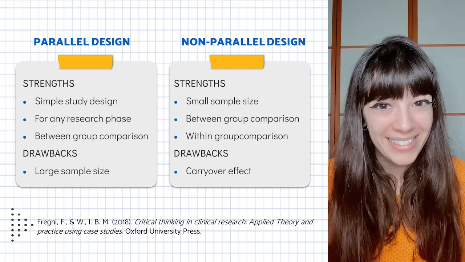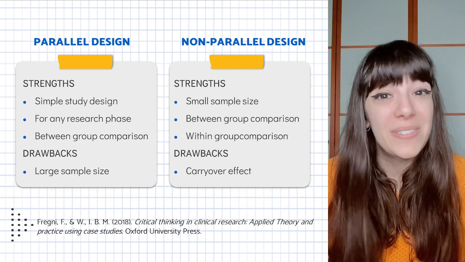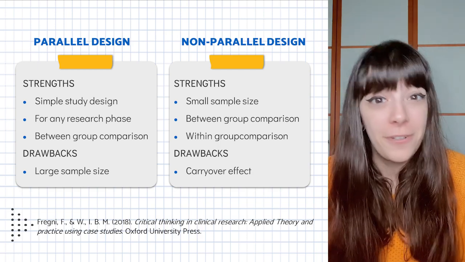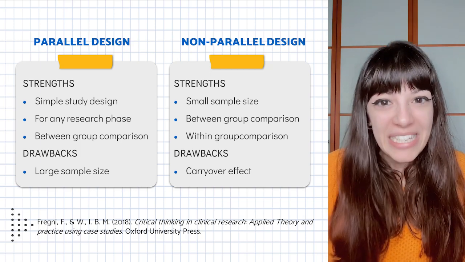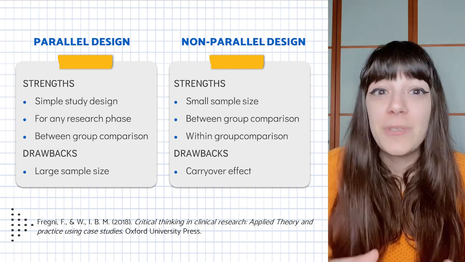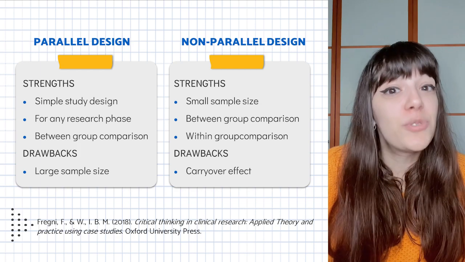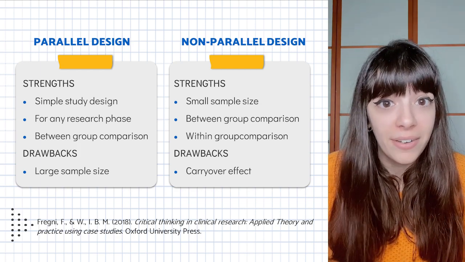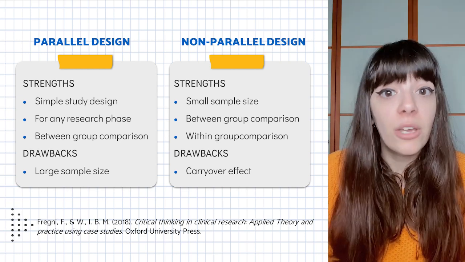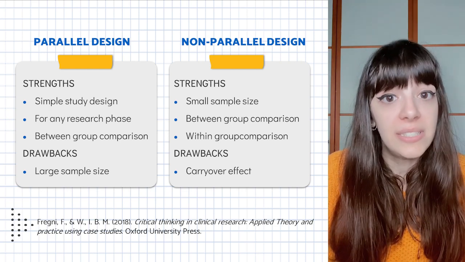On the other hand, the crossover design uses the same patients twice. First, they receive one treatment and then the other one. So this means that my sample can be smaller. It is sometimes more feasible to perform a study with a crossover design. For instance, it can be a good choice when we have a rare disease.